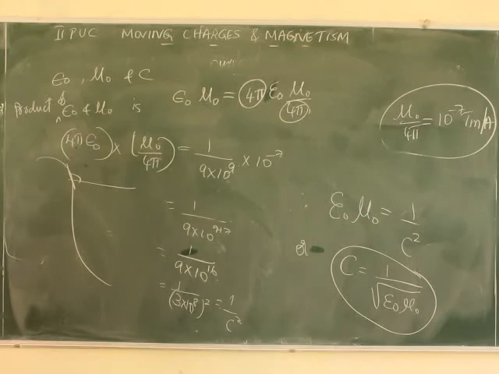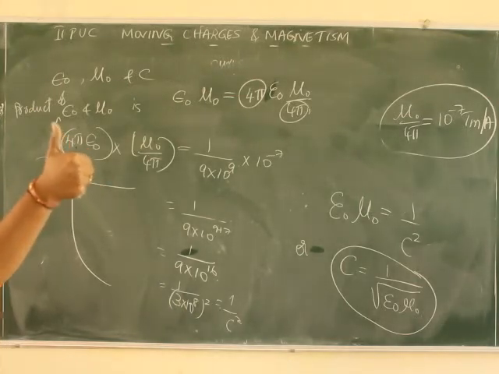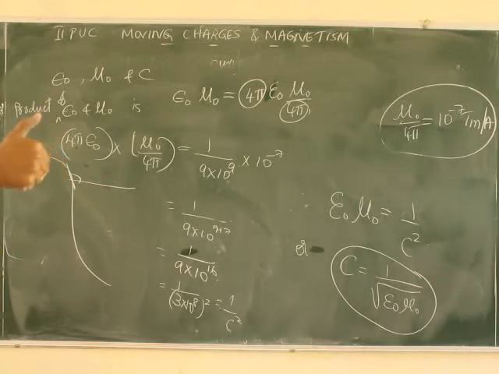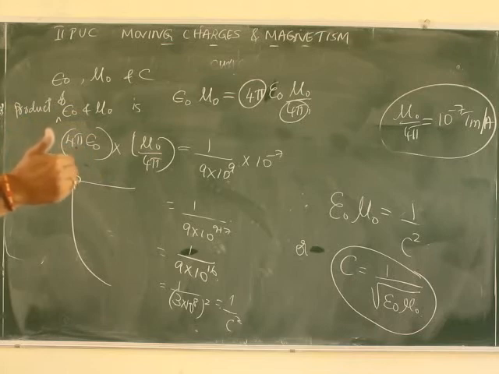Curl the palm of your right hand such that the thumb indicates the direction of the current, and the curled fingers point in the direction of the magnetic field.